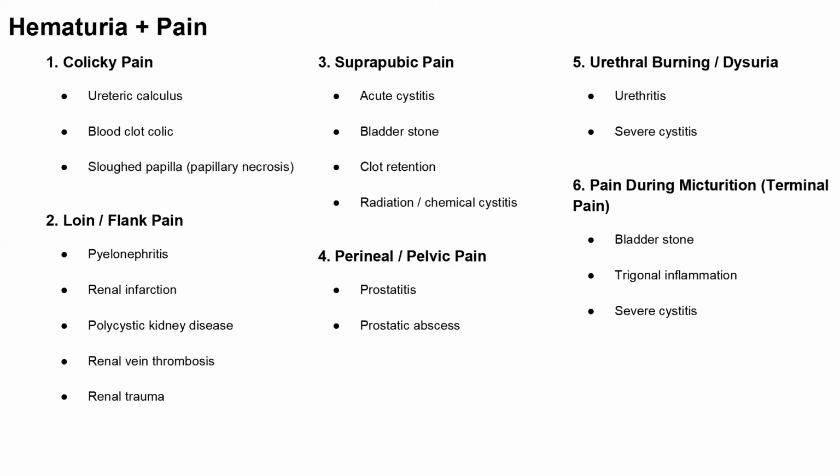Suprapubic pain is found in cases of acute cystitis, bladder stone, clot retention, radiation and chemical cystitis. Perineal or pelvic pain in prostatitis and prostatic abscess, urethral burning or dysuria in urethritis or severe cystitis, and pain during micturition, terminal pain in cases of bladder stone, trigonal inflammation, or severe cystitis.